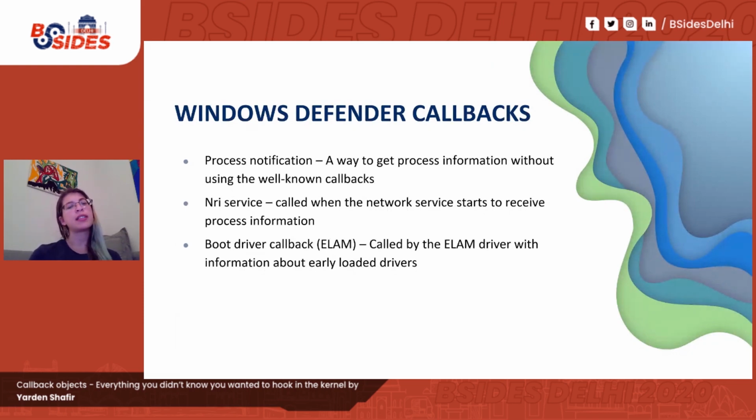The third one is the network driver's callback, which is only actually called once. It's called when the network driver starts, because it starts a lot later than the filter driver. When the network driver starts, it registers for this callback object that the filter driver creates to notify the filter driver, hey, I'm up, you can start sending me information.